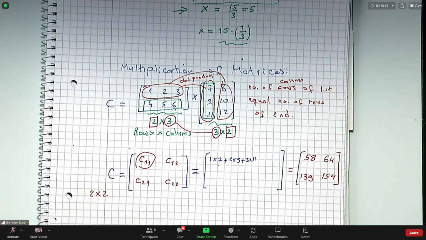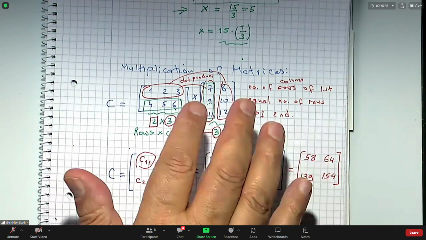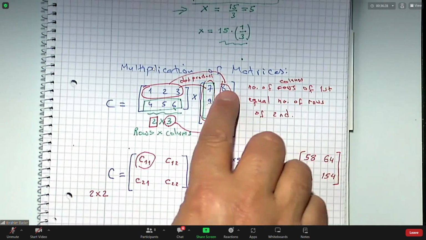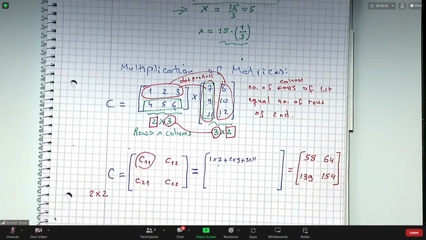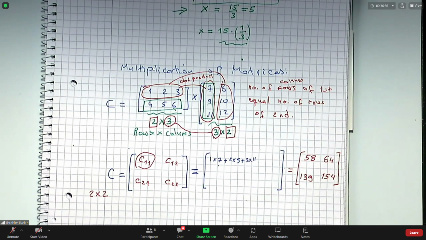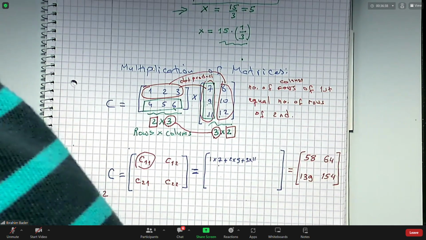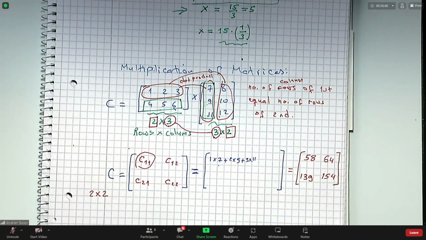Multiplication of matrices is, as expected, defined differently. First of all, check whether this operation is defined at all before you try to evaluate it, because otherwise it makes no sense to evaluate something that is not defined.